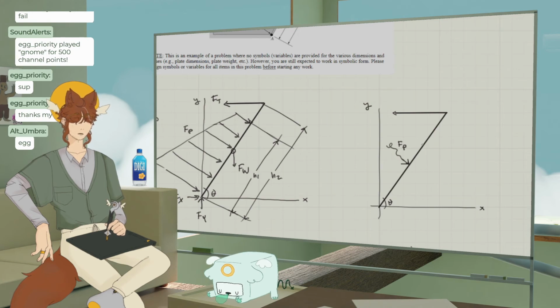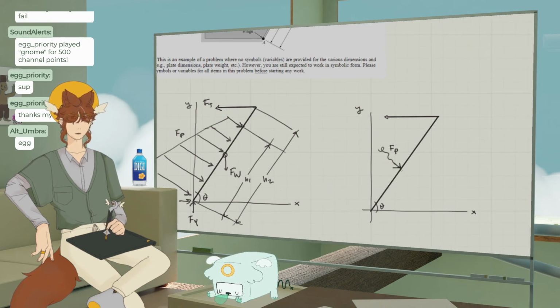That's really quite an easy problem. Okay, and this is at h1 divided by 2. And this is ft, and then we gotta take some moments.